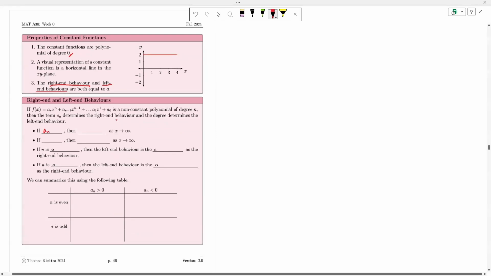If a_n is greater than 0, then f of x goes to infinity as x goes to infinity. And if a_n is less than 0, then f of x goes to minus infinity as x goes to infinity.